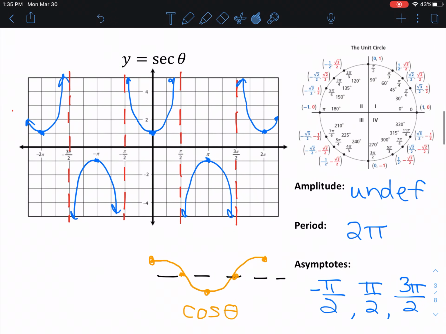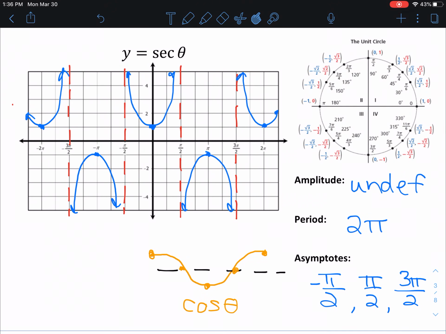All right, secant. When we're looking at the secant graph, remember that it's the reciprocal of cosine. So at the bottom I drew a quick sketch of cosine, again in that ugly color. Again, wherever you see it hitting 0 is where you should have an asymptote line on the secant graph.